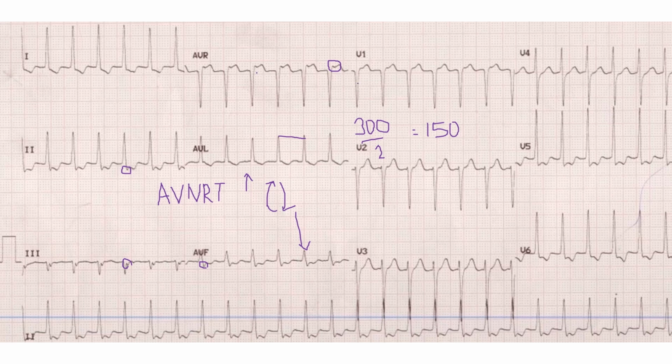It is a retrograde P wave occurring at the end of the QRS. When the conduction is from the lower part of the AV node upward into the atrium, QRS occurs first and then the P wave atrial activation occurs second. That is what we are seeing here.